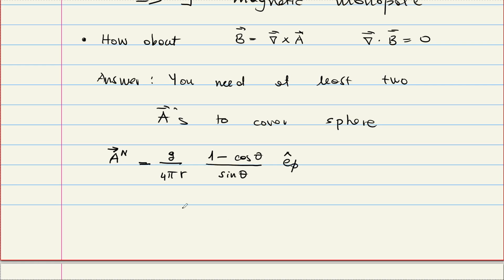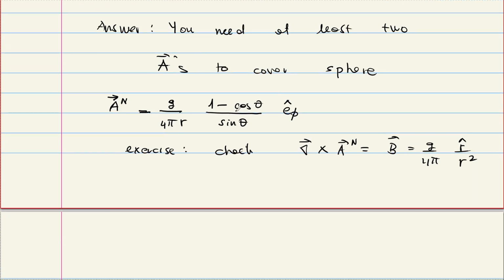So as an exercise, check that del cross A north is B, which is going to be g over 4 pi, r hat over r squared. You need to look at the curl in spherical coordinates, plug this in, and it's like two lines of calculation.